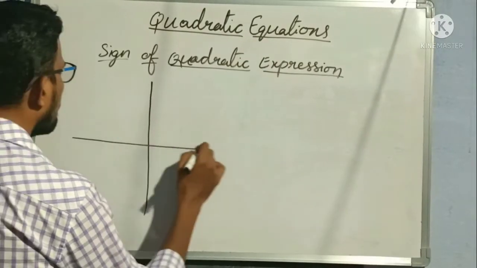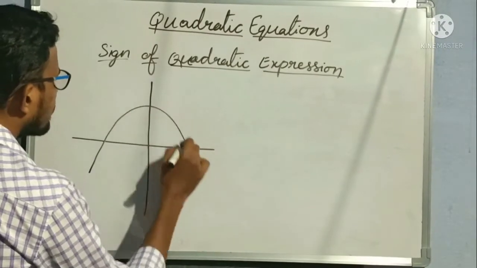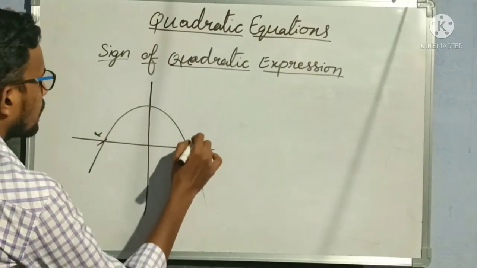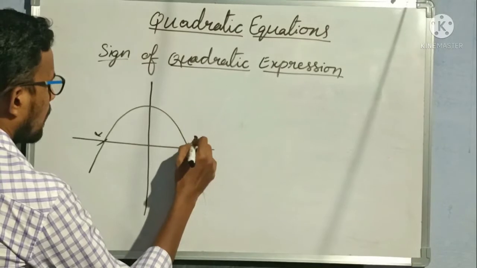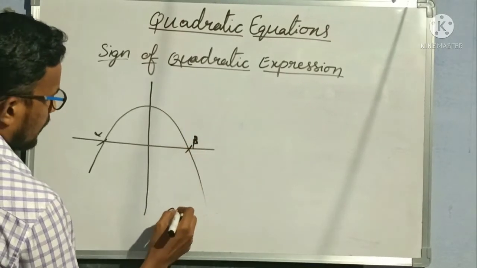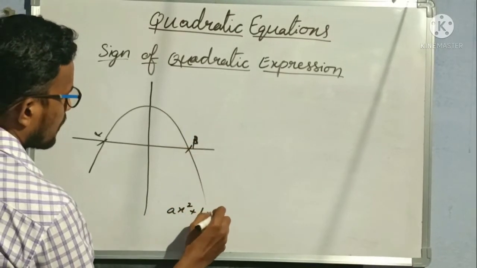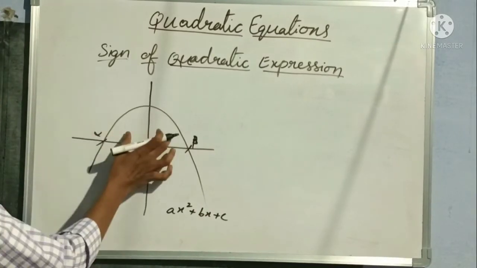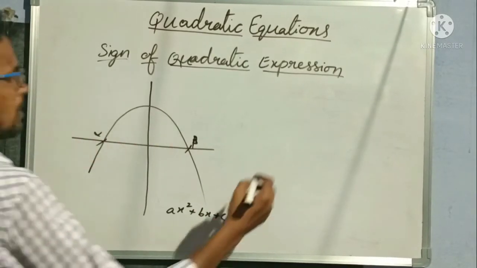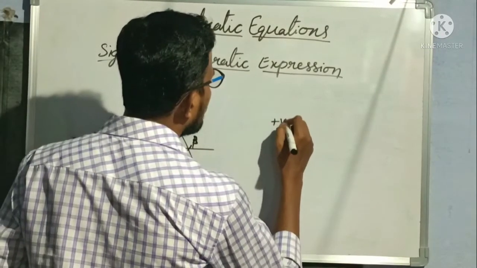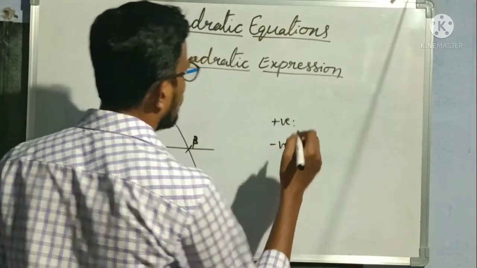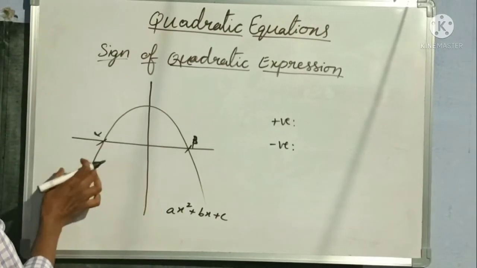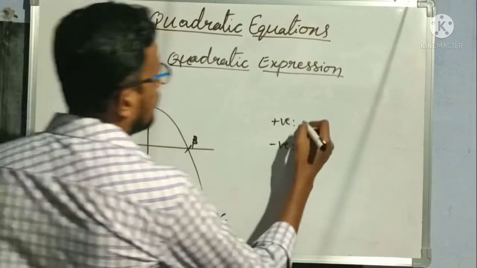Okay? If our parabola is like this, and here also the same alpha and beta are the roots for this expression, that is ax square plus bx plus c. Then in this condition, when will the expression be positive and when will it be negative? Our expression will be positive here, in between the roots.